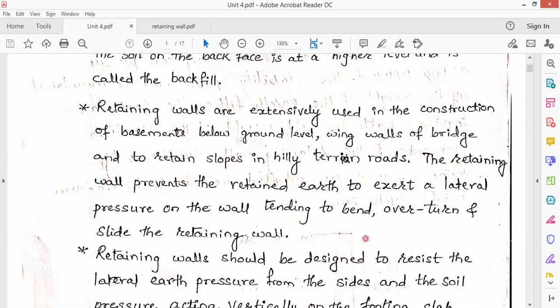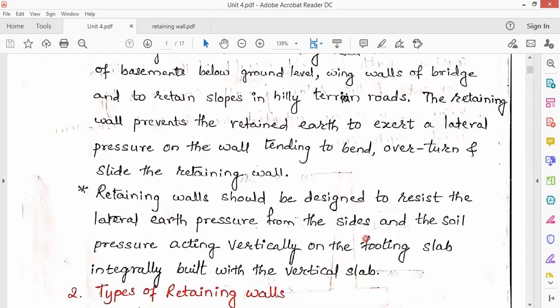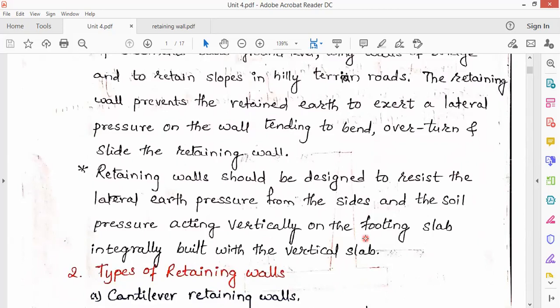So we must take care of all these things: bending, overturning, and sliding. Retaining walls should be designed to resist the lateral earth pressure, restricting this bending, overturning, or sliding.